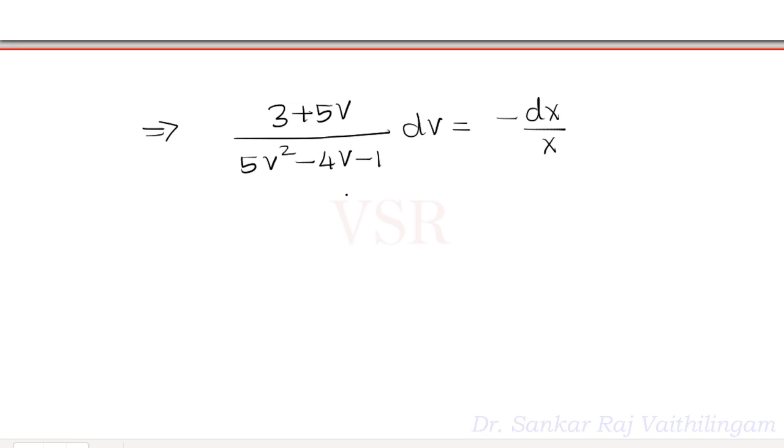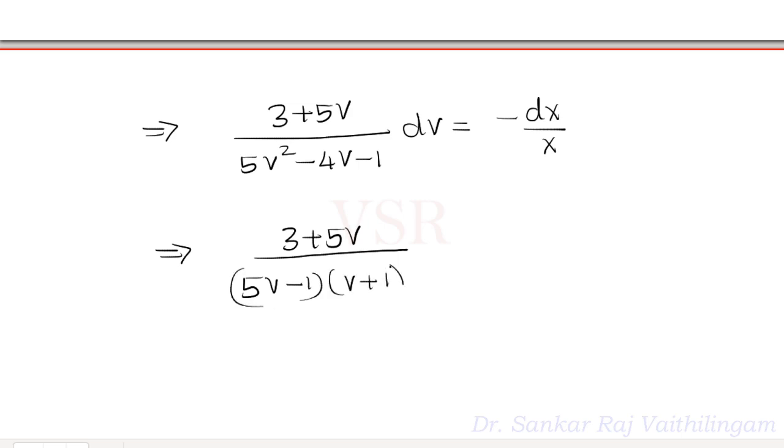This is a quadratic form, so I can split it into two factors. We need numbers whose product gives minus 1 and whose sum gives minus 4: so 5v plus 1 into v minus 1. If we multiply these two, we get 5v square, and 5v minus v is 4v, and the signs work out.